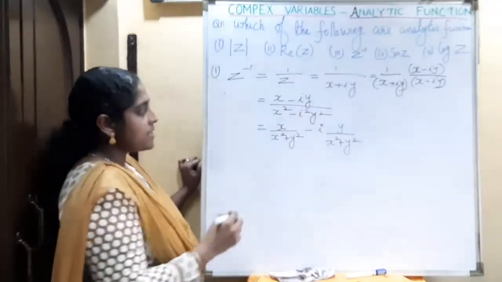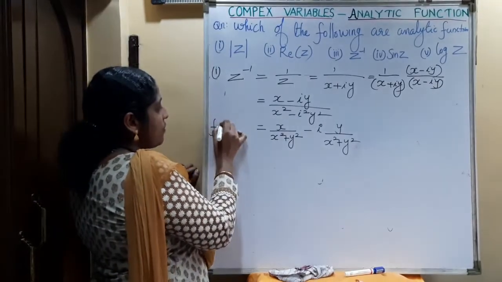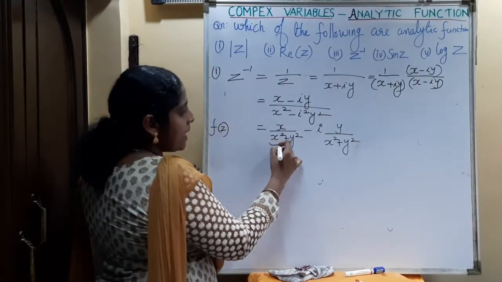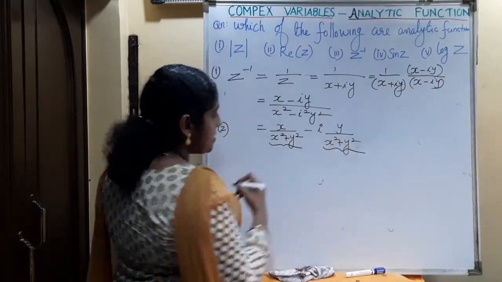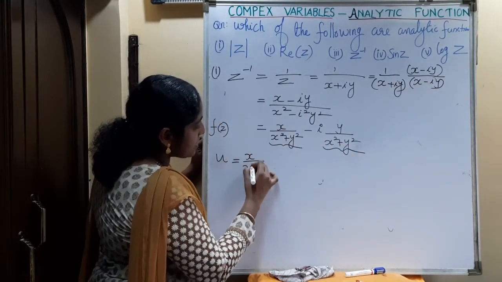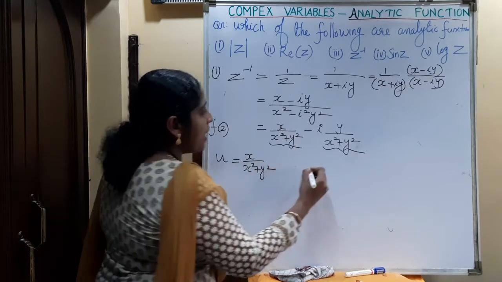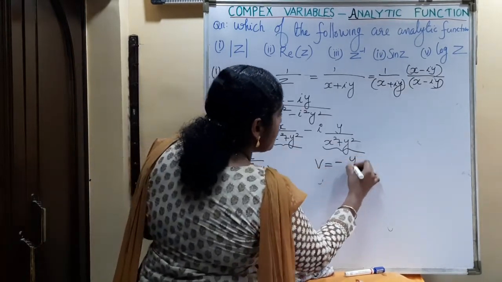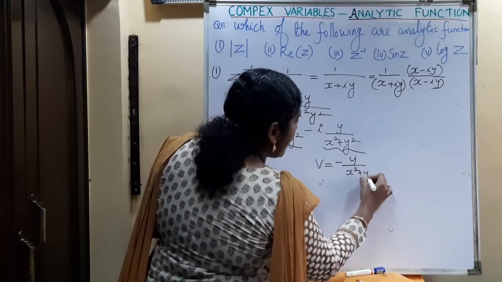Okay, so what is our real part there? This is our f of Z. This is the real part. This is the imaginary part. So we can write u is equal to X by X square plus Y square, and the imaginary part v is minus Y by X square plus Y square.